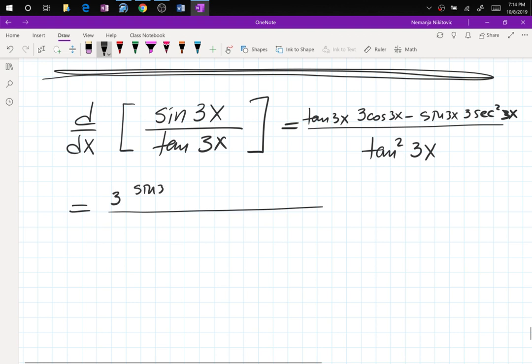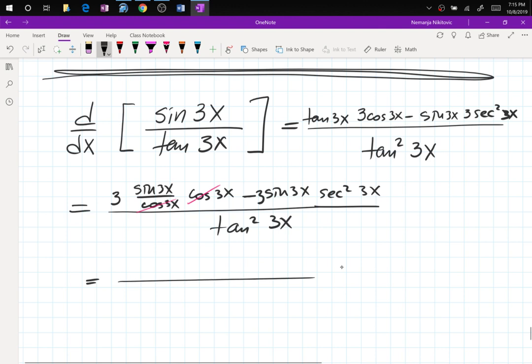Tangent is sine 3x over cosine 3x times the cosine of 3x, and they cancel, minus sine 3x times 3 secant squared 3x over tangent squared 3x.